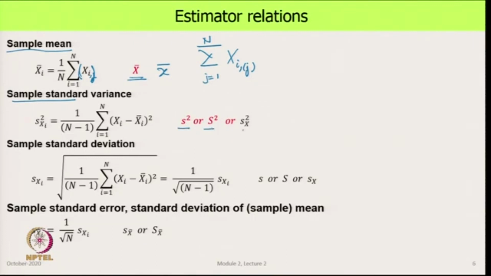In textbooks, this is s square or capital S square, or in some cases s x square. The sample standard deviation is the positive square root of the sample variance, which is nothing but the square root of s square x I, the positive value.